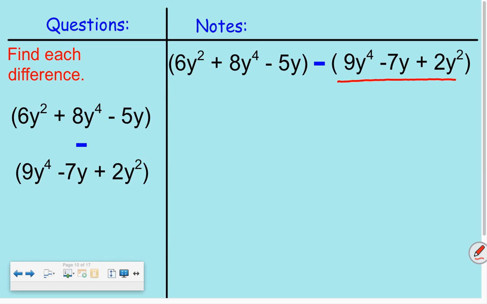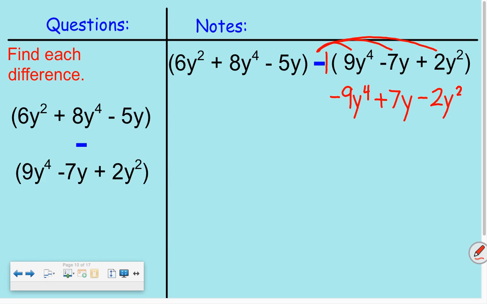So what I'm going to do is put a 1 in front of that parenthesis as if I'm distributing that negative 1 to every term in that polynomial. So negative 1 times 9y to the 4th is negative 9y to the 4th. Negative 1 times negative 7y is positive 7y. Negative 1 times 2y squared is negative 2y squared.